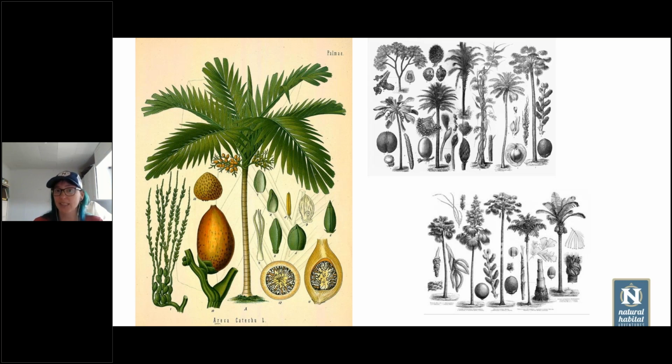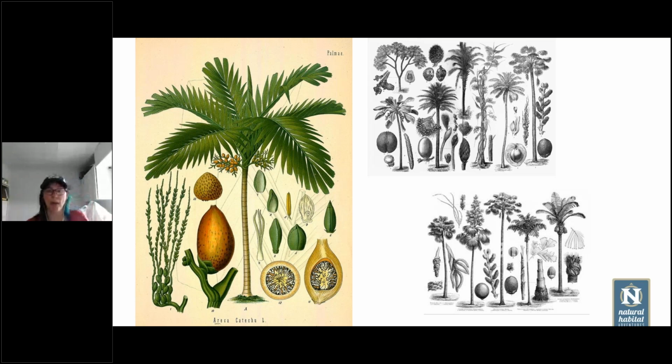And aside from that, as you can see from these various old plates here, they take a lot of different forms. They're big, they're small, they live for a short time, they live for a long time. Those that have a tree-like form are called palm trees, climbing or shrub-like plants are usually just called palms or sometimes palmettos, though because they are common names and by their nature imprecise, those names will vary depending on what the local conventions are.